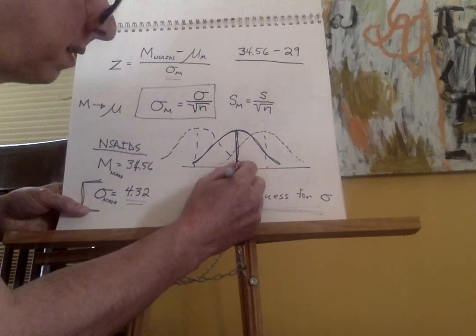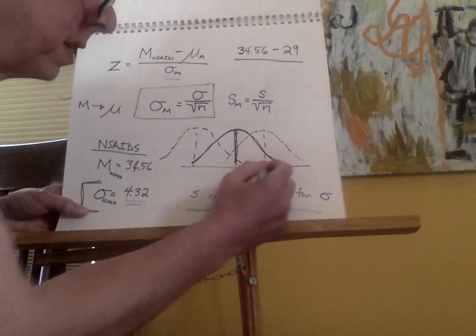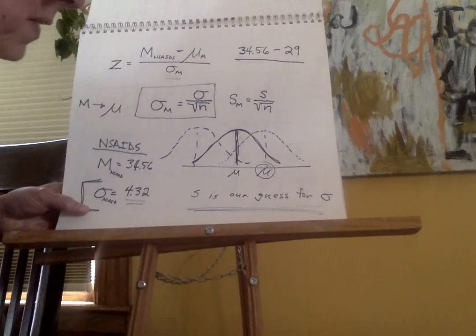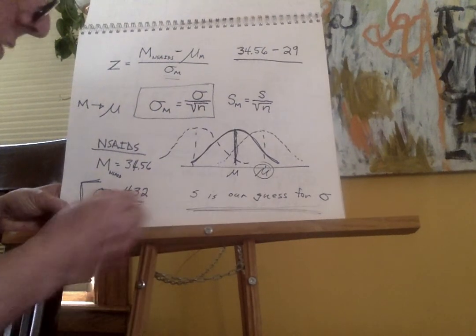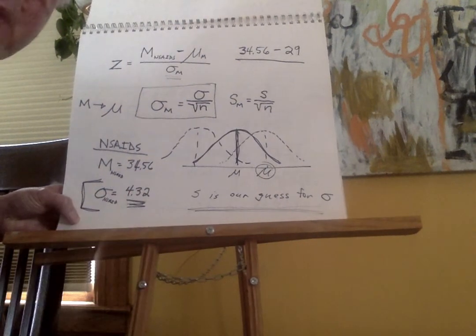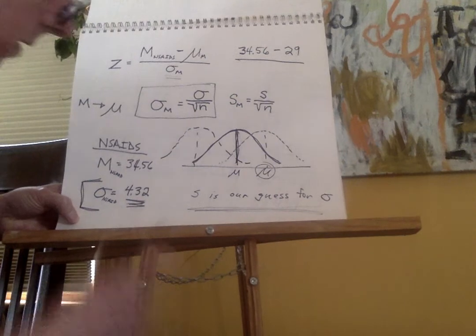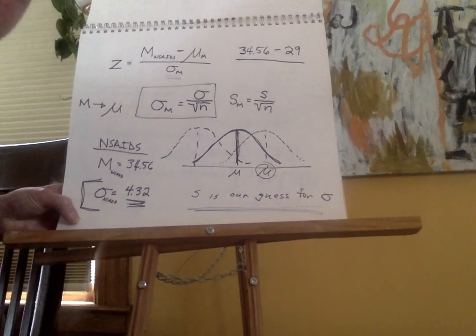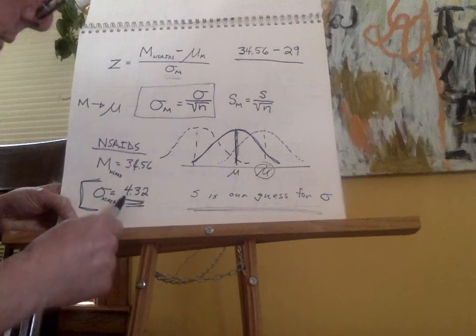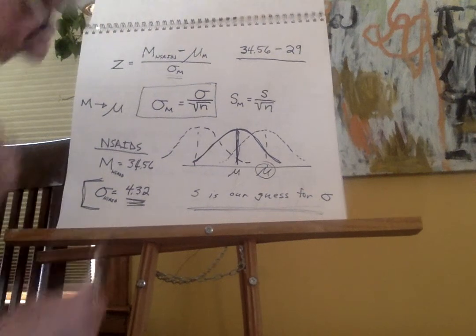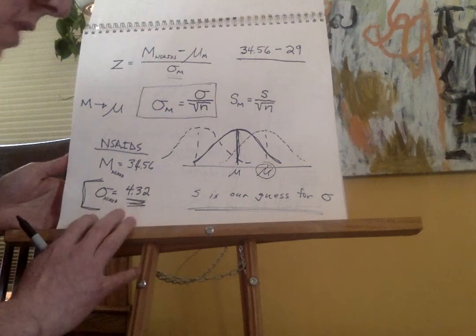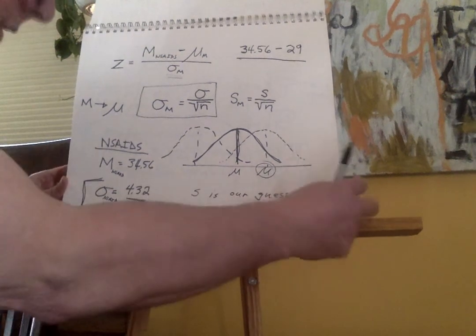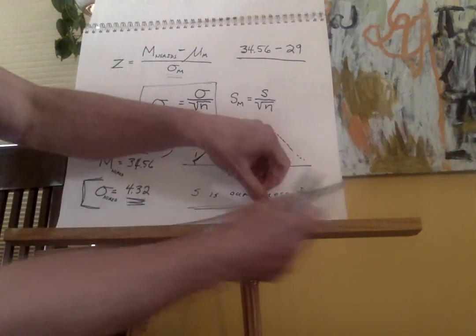The mean for the treatment here, for our NSAIDs, might be different, but the variability doesn't change. So we said, well, let's look at this measure of variability for our treated group, and we came up with 4.32. So we're going to make that our guess, except here's the problem.